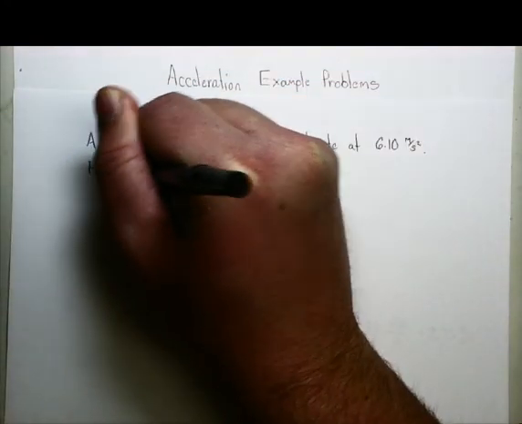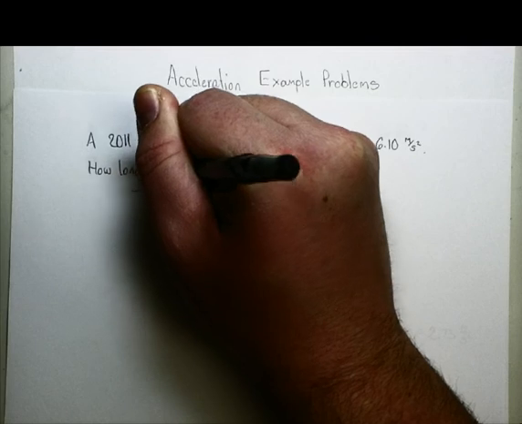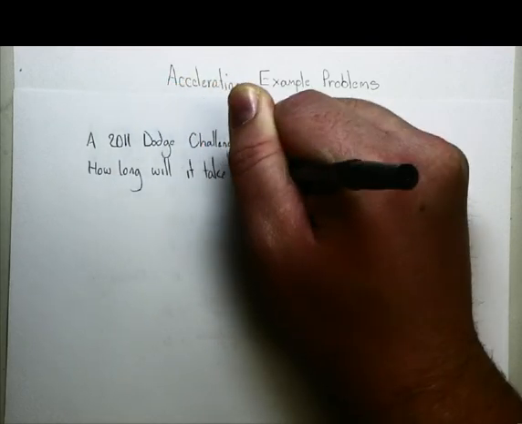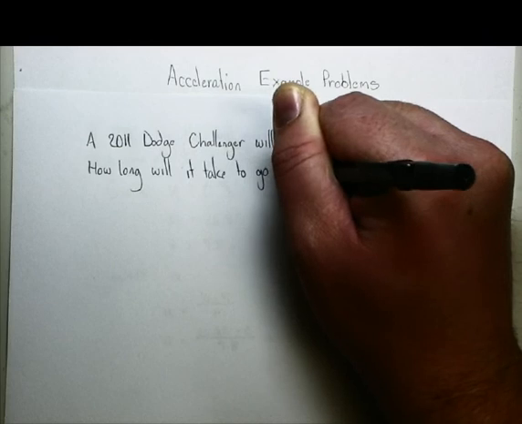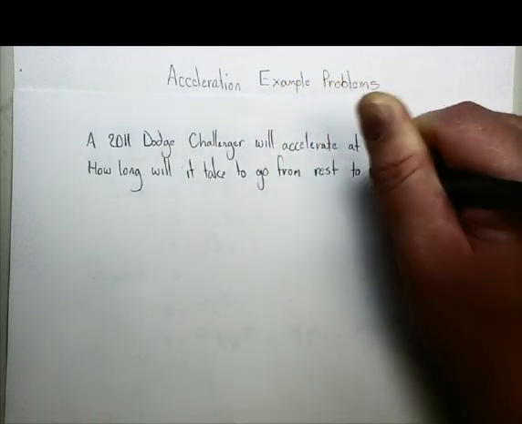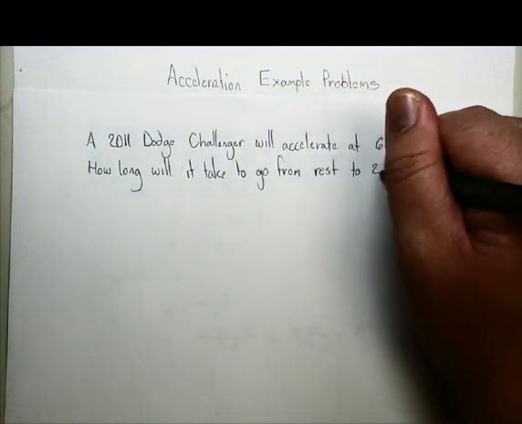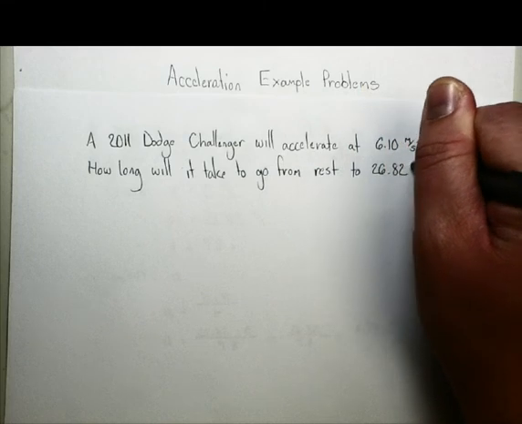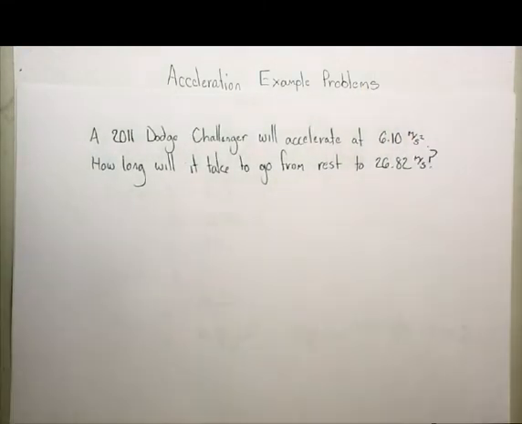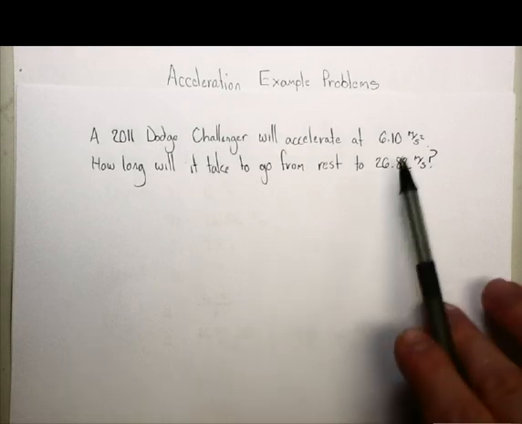How long will it take to go from rest to 26.82 meters per second? So remember, that's 60 miles per hour. So here's how this is framed. We know the acceleration.